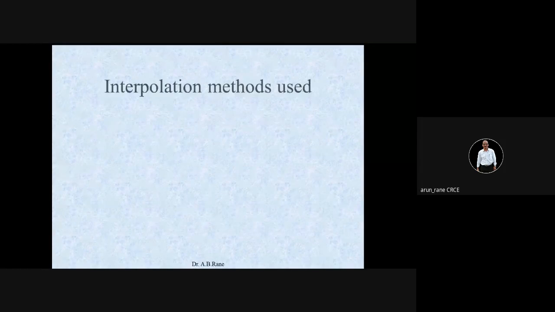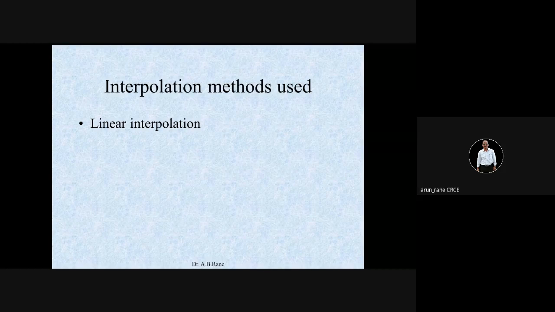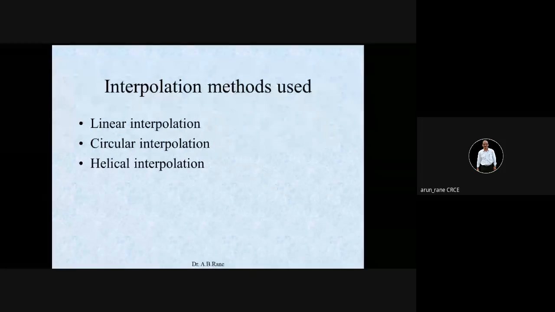I'll show you the different interpolation methods. One is linear interpolation, where the tool or workpiece moves in a straight line. Then you have circular interpolation, used to cut circles, so two axes are moving in an arc.